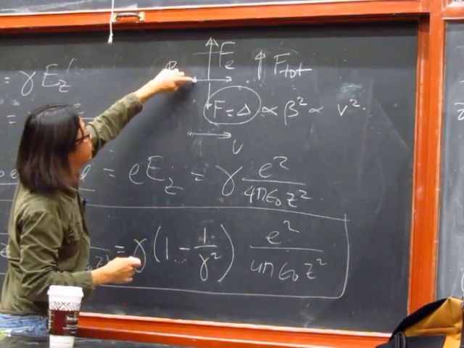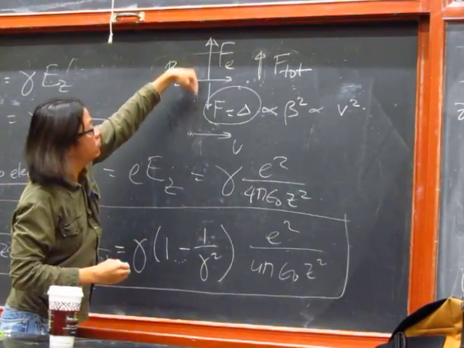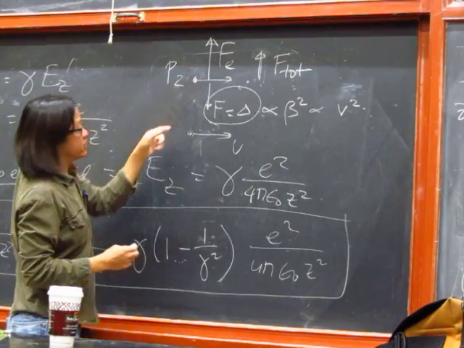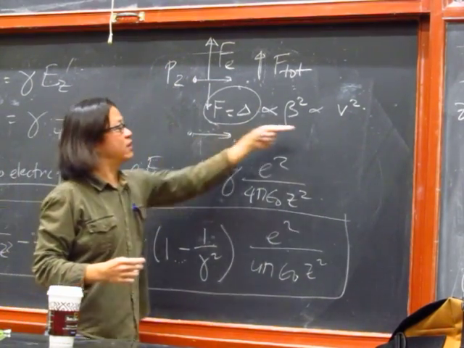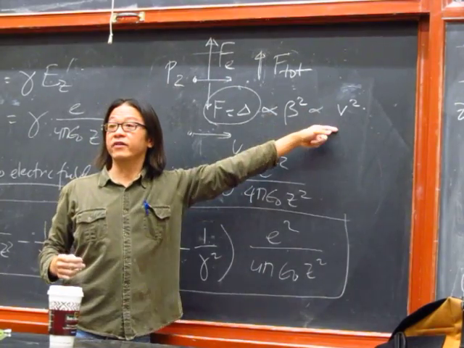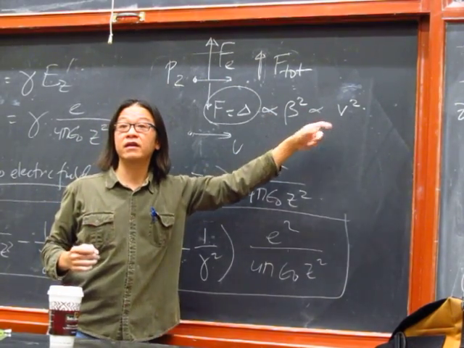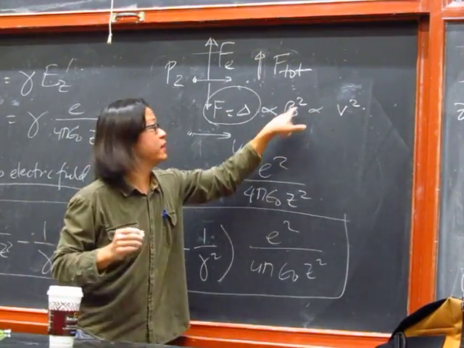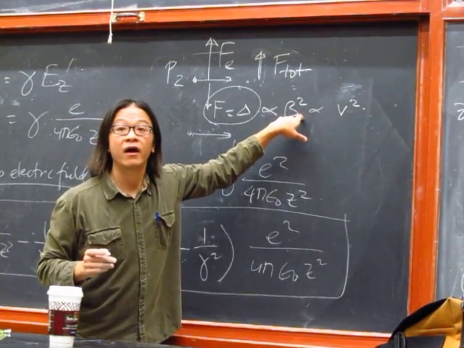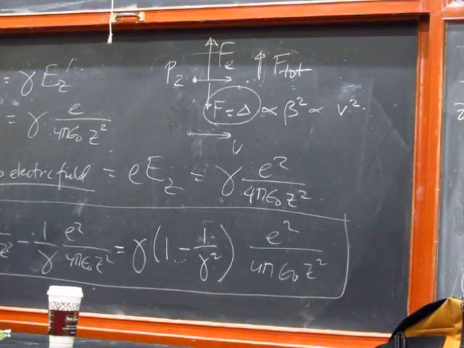It's a delta on particle number 2 going in the y direction, and it's proportional to the velocity squared in that direction. The effect is small because it goes as beta squared. So this points to something else beyond the electrical force.